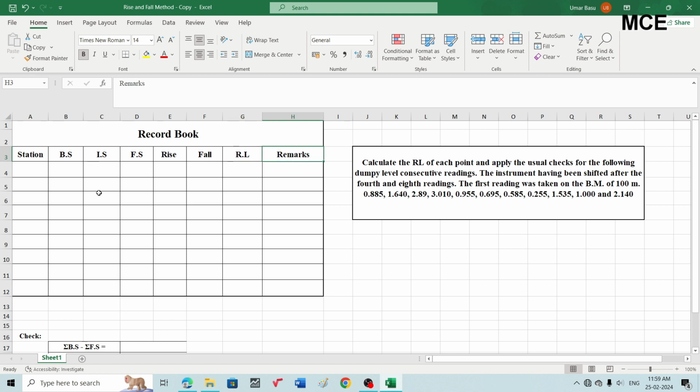For station 1, we know that the first reading is always the backsight, so write the first reading in the backsight column, which is 0.885. Since this is taken on a benchmark of reduced level 100 meters, in remarks write it as benchmark, and in the reduced level column write its reduced level as 100.